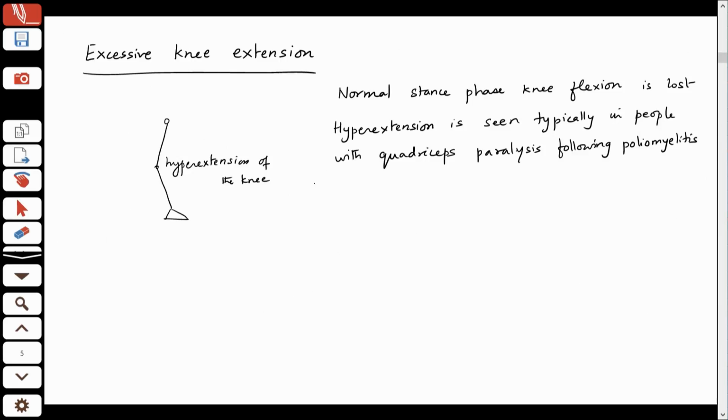So, this kind of a hyperextension deformity is called genu recurvatum, and it also is a problem because with continued hyperextension loading like this, the joint typically develops osteoarthritis later in life.